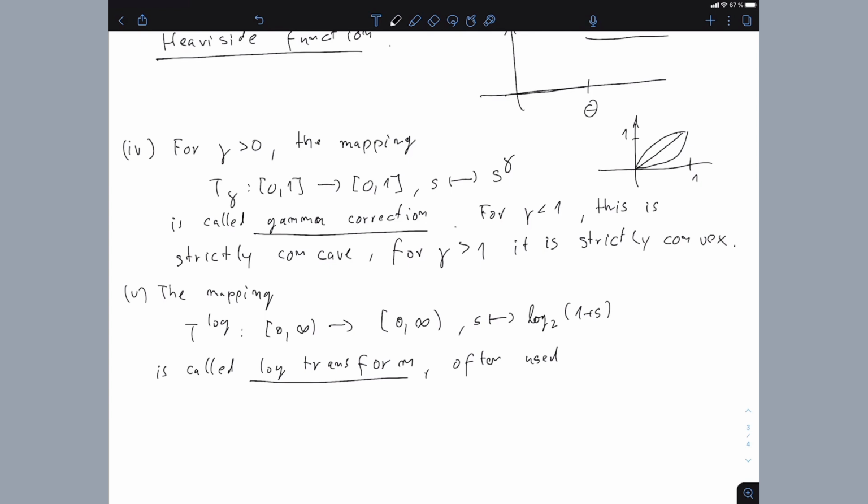This one is often used to visualize the so-called power spectrum. The power spectrum is the absolute value of the Fourier transform.